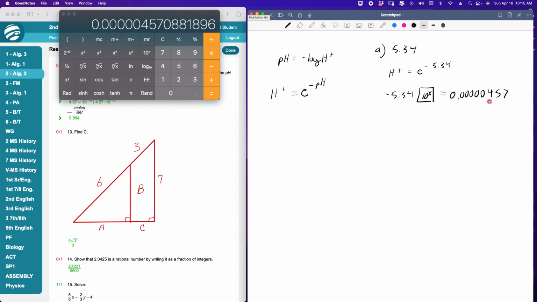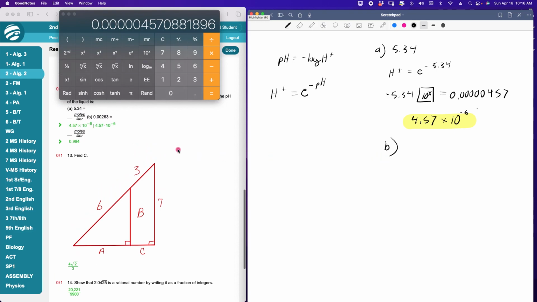We want to write it shorter, so we do scientific notation. 4.57 times 10 to the negative 6, because we went backwards. So that would be the answer for the first one. The second one, B, is going to be, let's see, what is the second one?